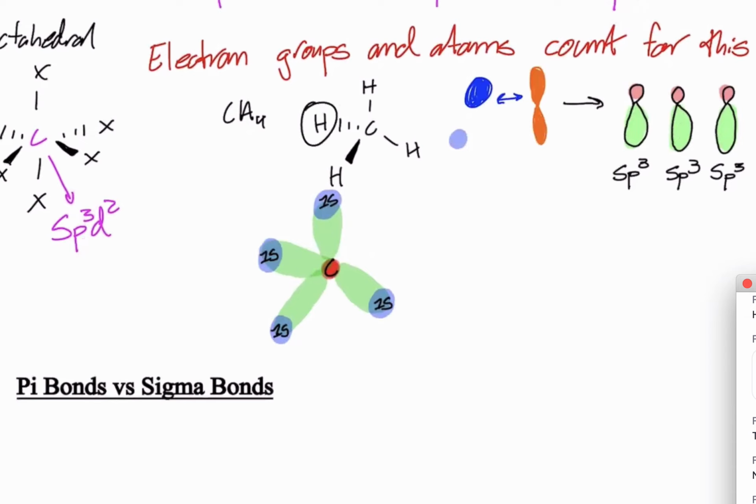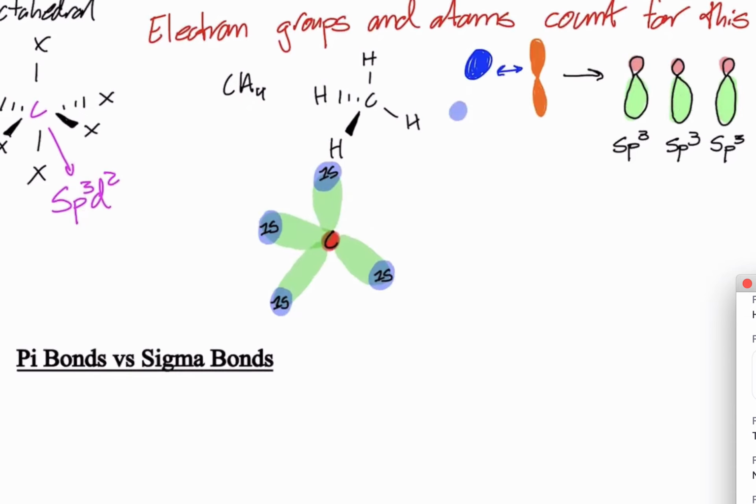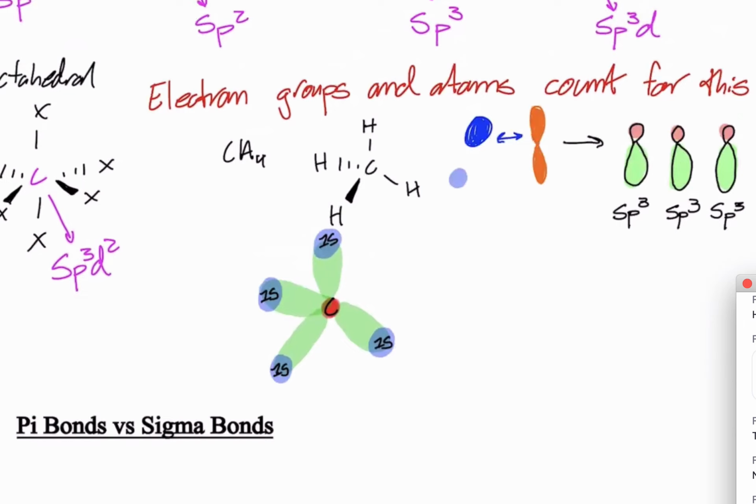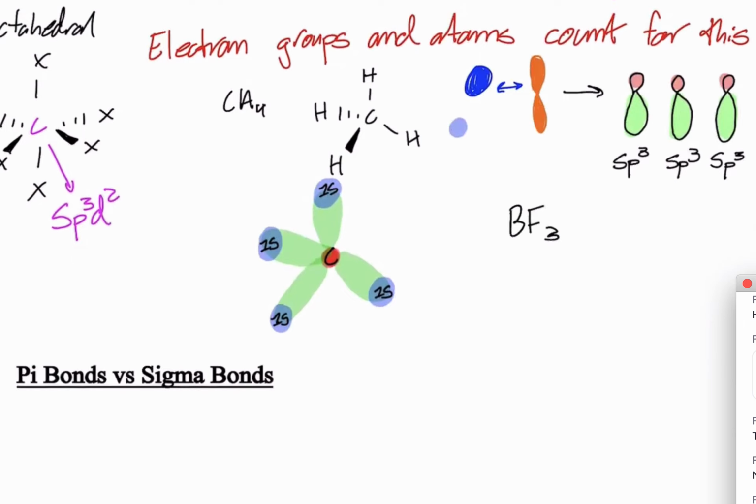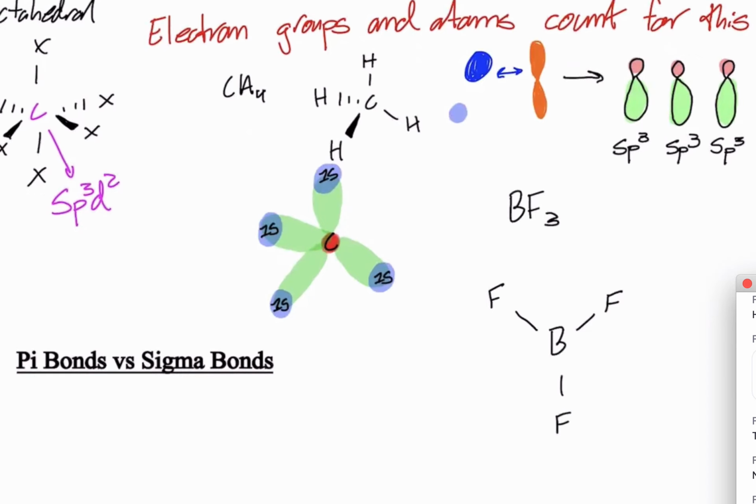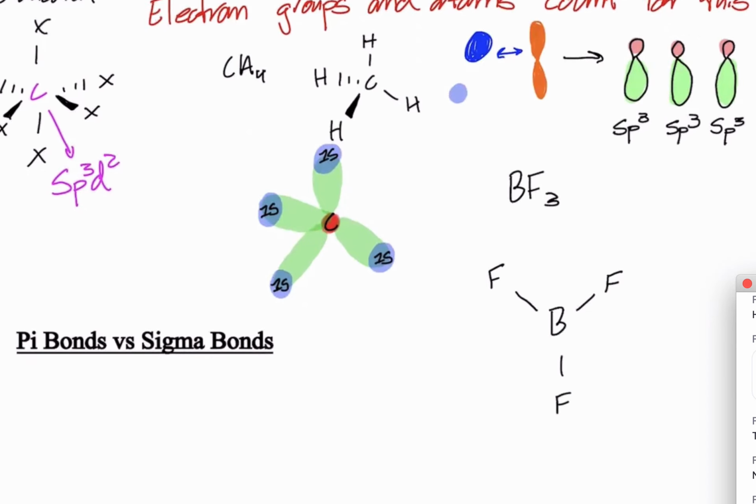So for hydrogen, it only gets that 1s orbital. But if we're using an example of, say, BF3, so the general structure for that is going to look like this. Remember, boron only wants 6 electrons in its valence octet, quote octet, it only wants 6. So it's only going to bond with 3 things, and there's not going to be a lone pair.